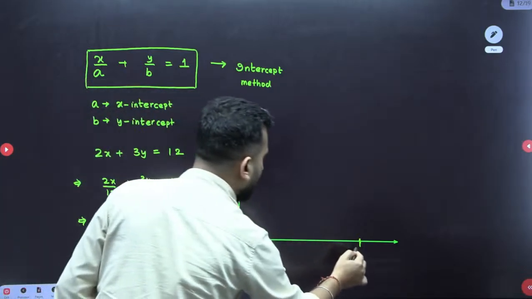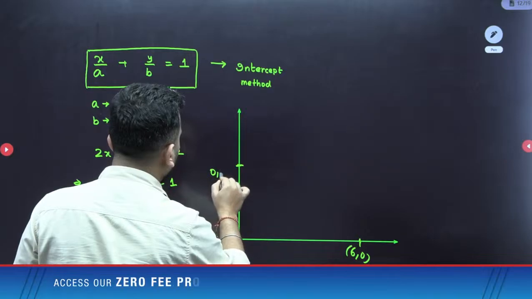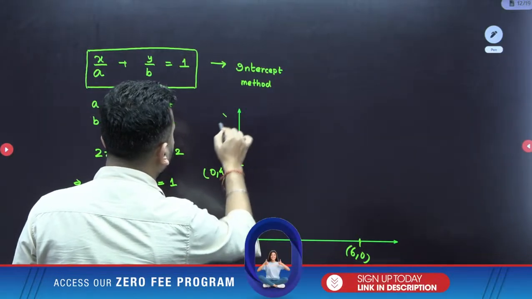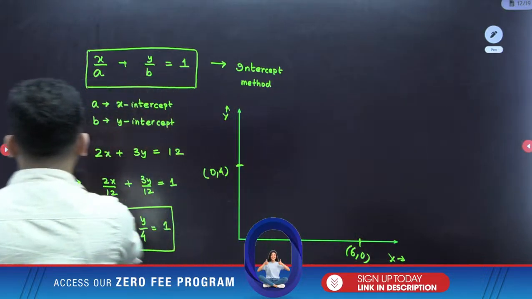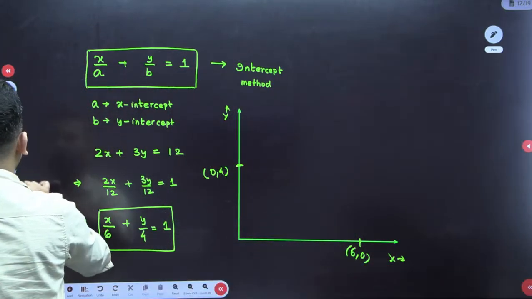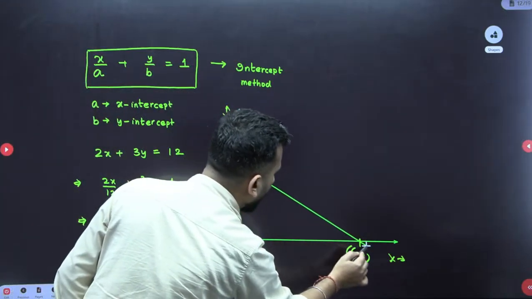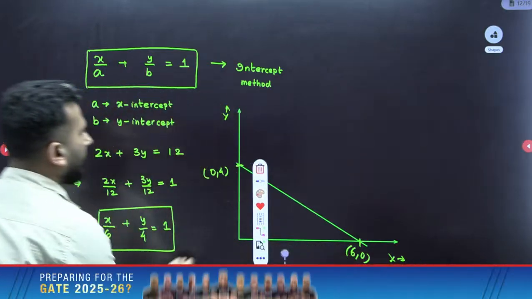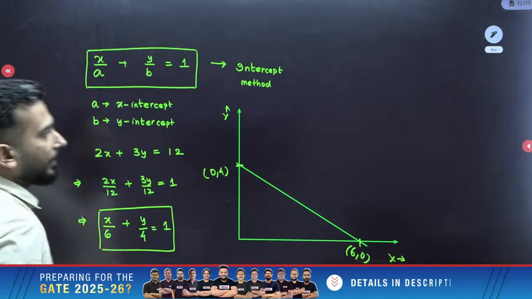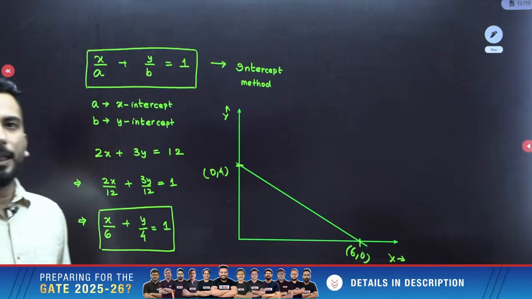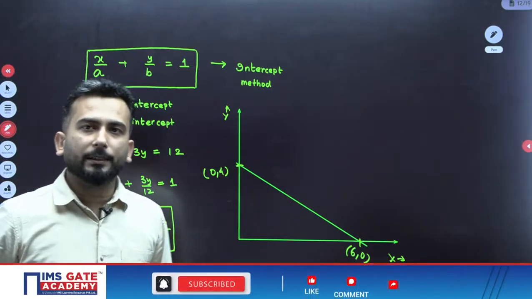So this is (6, 0), this is (0, 4), this is the y-axis, this is the x-axis, and if you simply draw through the 2 points you have, you can draw the straight line. So this will be your straight line, right? Again you can have your own methods, but I would suggest that you follow the intercept method for plotting straight lines, right?